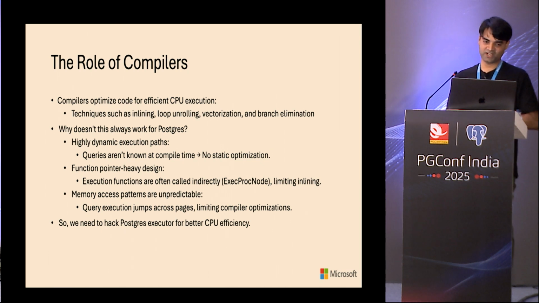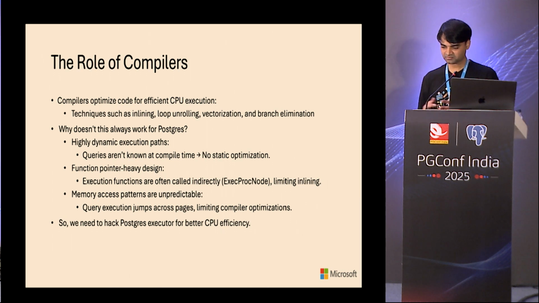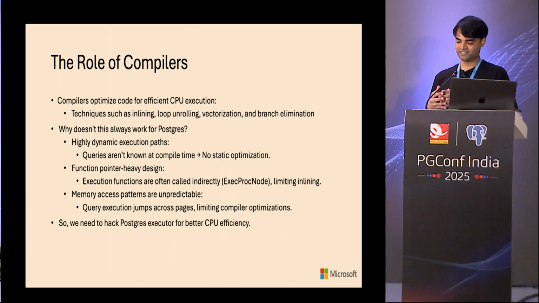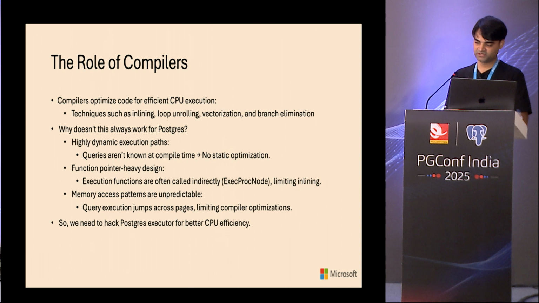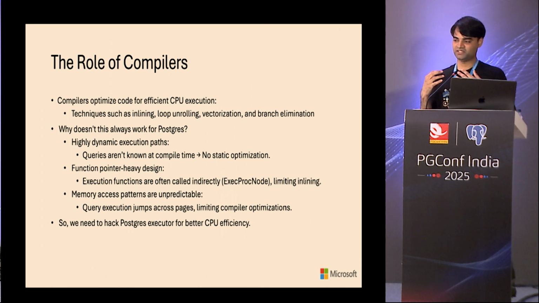So why doesn't this always work for Postgres? Why can't we have Postgres builds where the machine code is already able to avoid all these CPU hazards, essentially? The reason is Postgres is a very dynamic program. Postgres is used to run queries that are not known in advance.